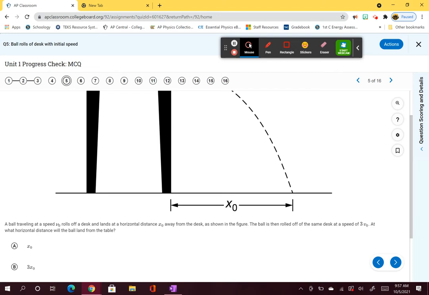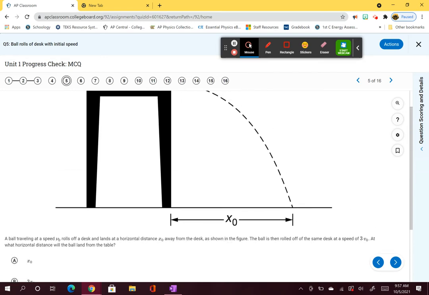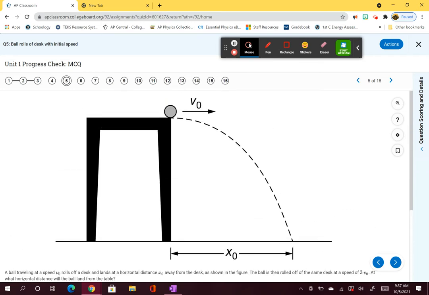So we're not really worried about the y direction at all. We're just worried about the horizontal. So think about if it's just rolling. Don't worry about the falling part.